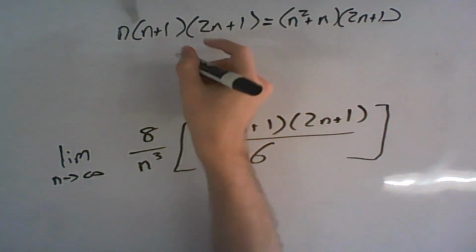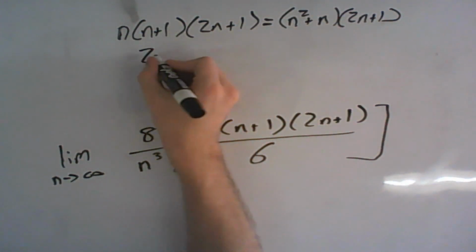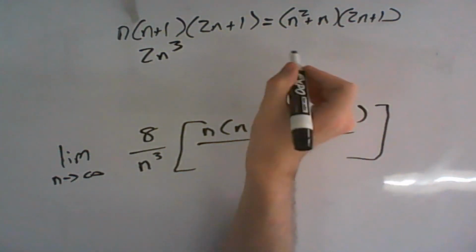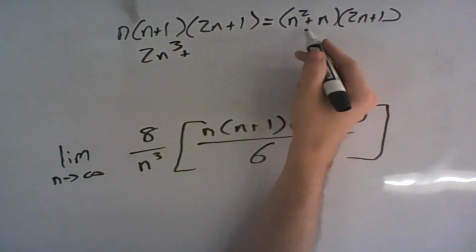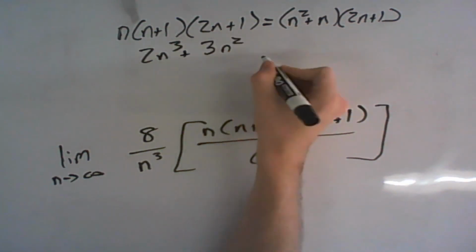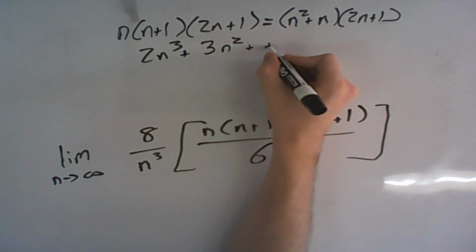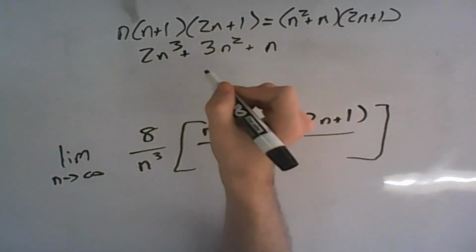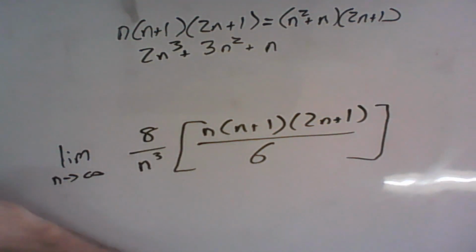And then if I FOIL that, that's 2n cubed plus 3n squared plus n, and then that's it. Okay? So that's the top.